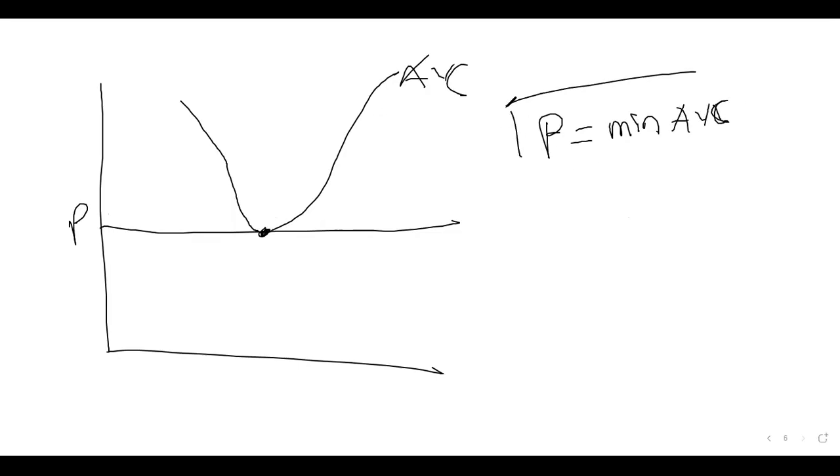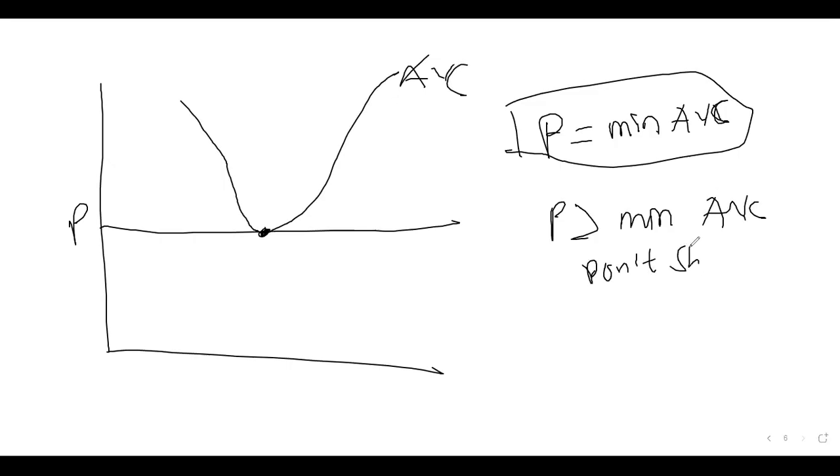So this is the shutdown point. What it means is that if the price is greater than the minimum of the average variable cost, don't shut down. And if the price is less than the minimum of the average variable cost, you have to what? Shut down.